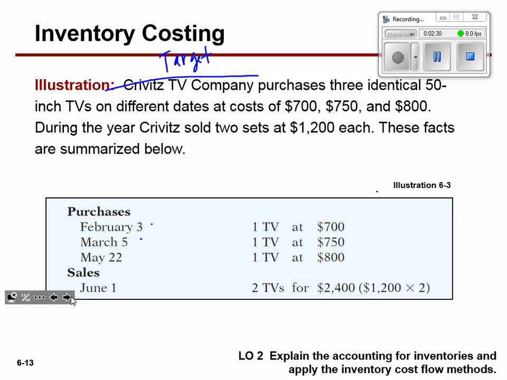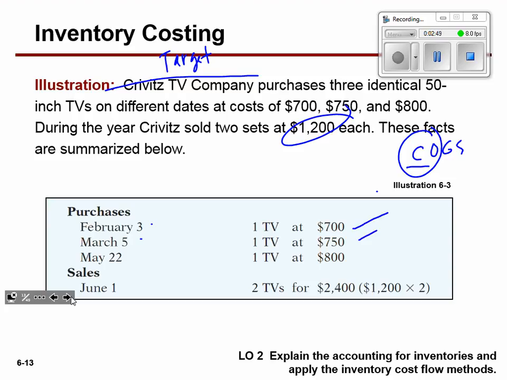If Target's buying TVs, the same 50-inch that they're going to sell for $1,200 no matter what, the big question is, what cost are we going to associate with COGS?